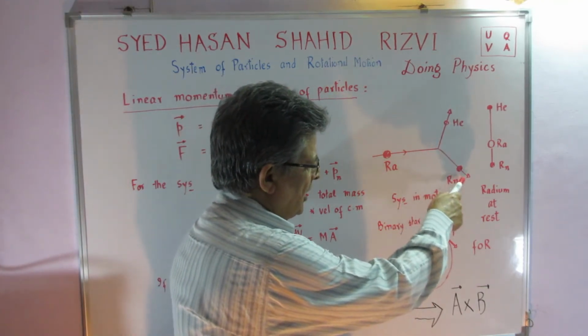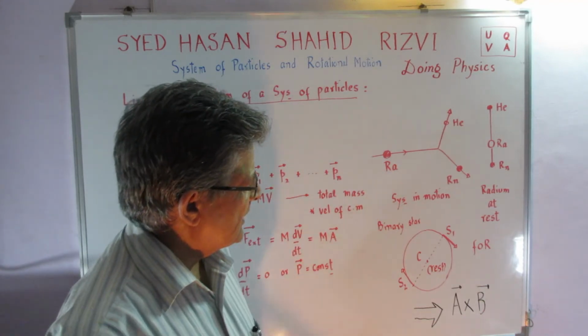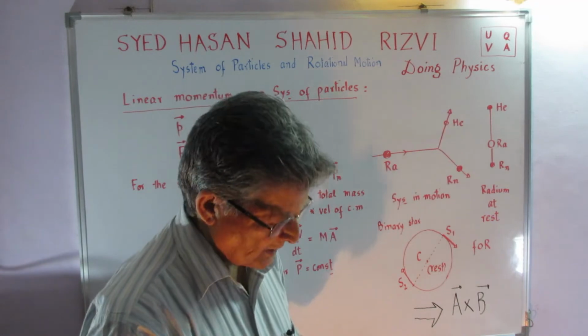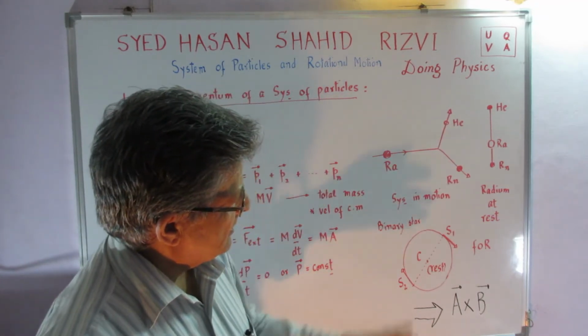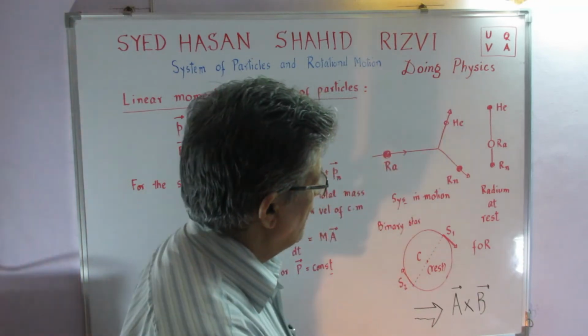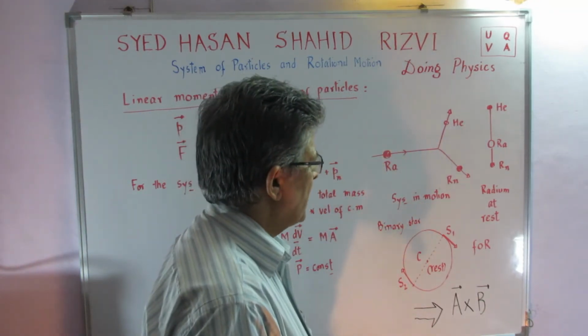One is the radon, which has a mass less than that of the radium atom, and of course there is a helium particle which has 4 as its atomic mass.